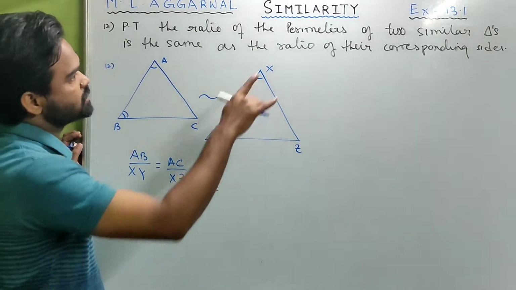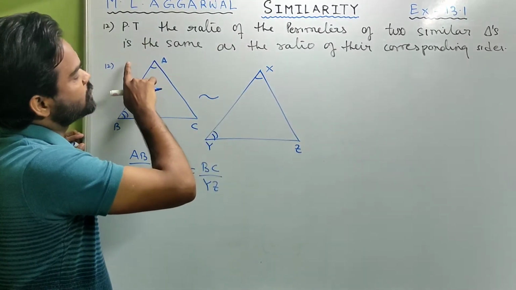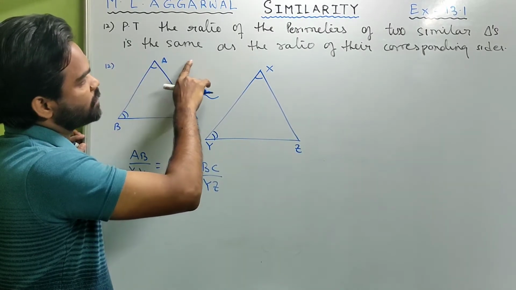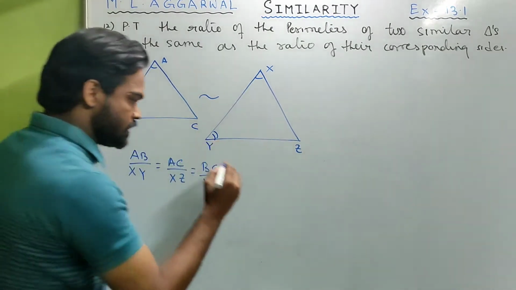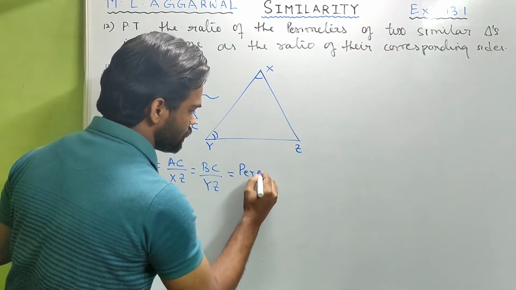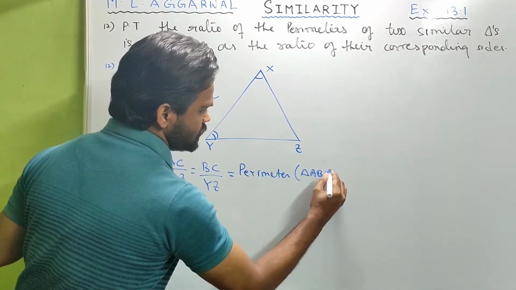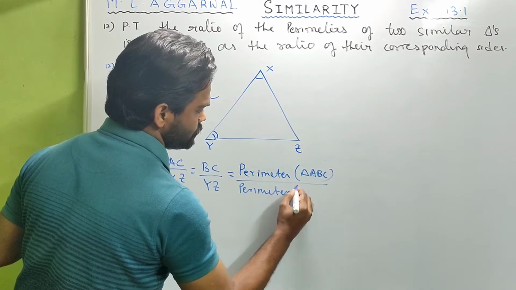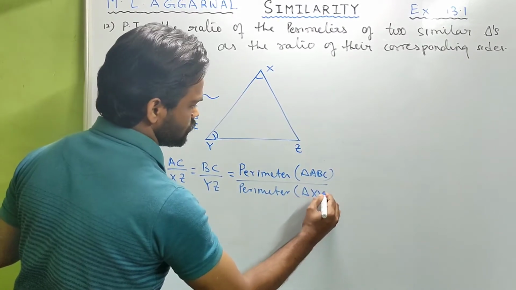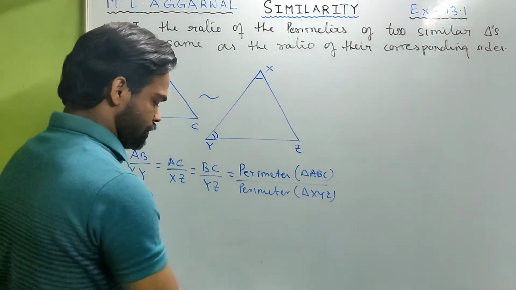We need to prove that the ratio of the perimeter of the two triangles is the same as the ratio of the corresponding sides. So this is equal to the perimeter of triangle ABC by the perimeter of triangle XYZ. Okay, now look carefully.